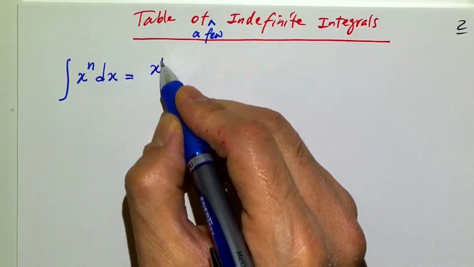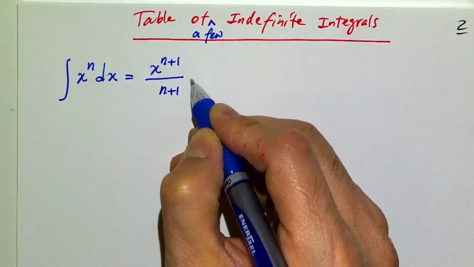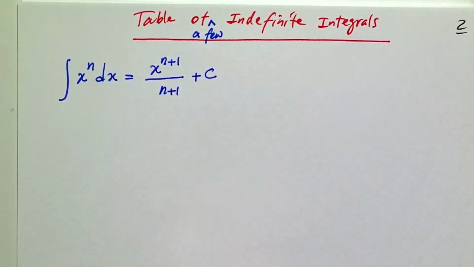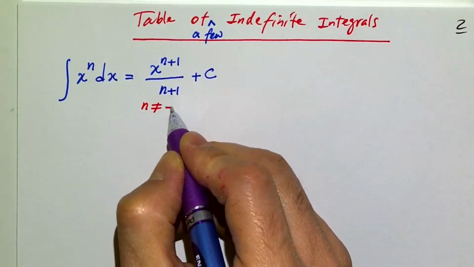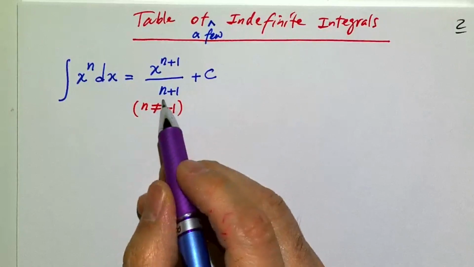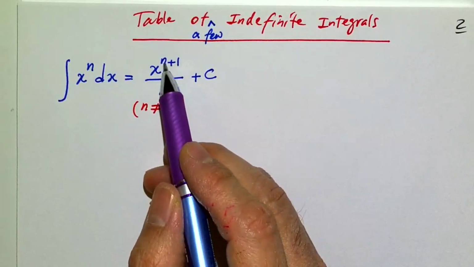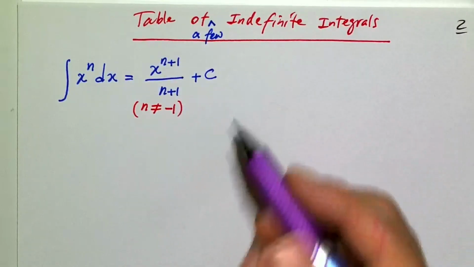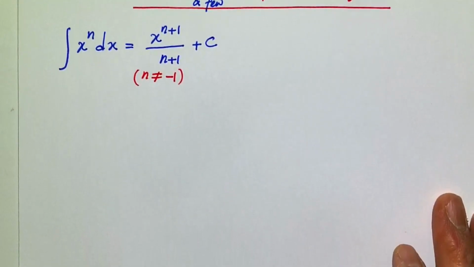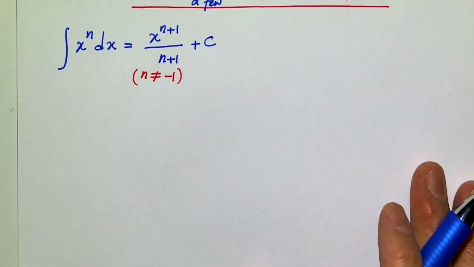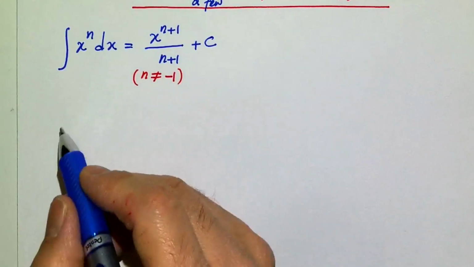So in other words, x to the n plus 1 divided by n plus 1, plus c. And we make sure that n is not equal to -1. That is to guarantee that we're not going to have a zero denominator here. That's all. So that's one of the formulas we have. We will list a little over a dozen of these formulas for this section.